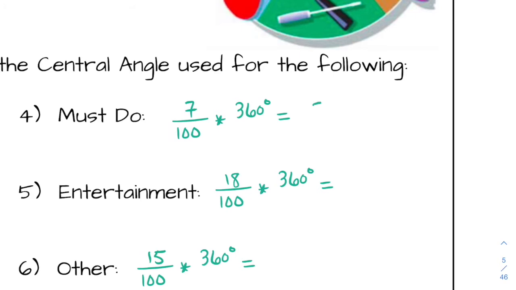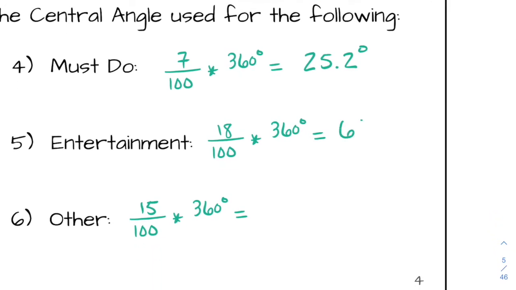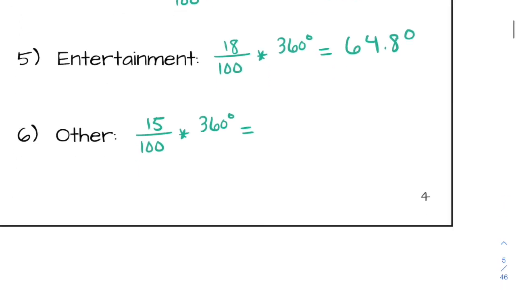We have 25.2 degrees. 18 out of 100 times 360 is 64.8 degrees. And 15 out of 100 times 360 is 54 degrees.